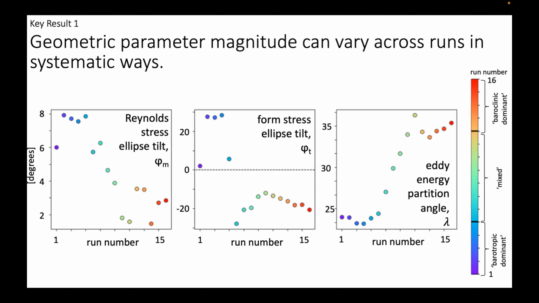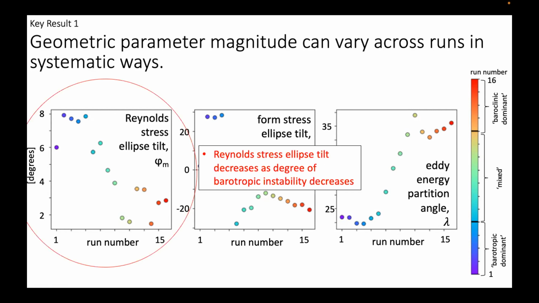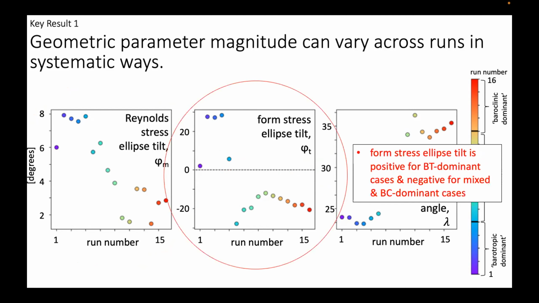And you don't have time to look at these carefully, so I'm going to just point some things out to you. The Reynolds stress ellipse tilt decreases kind of systematically as the degree of the barotropic instability decreases. That makes sense. The form stress ellipse is positive for barotropic dominant cases, and it's negative for baroclinic dominated and mixed cases. That also makes sense.